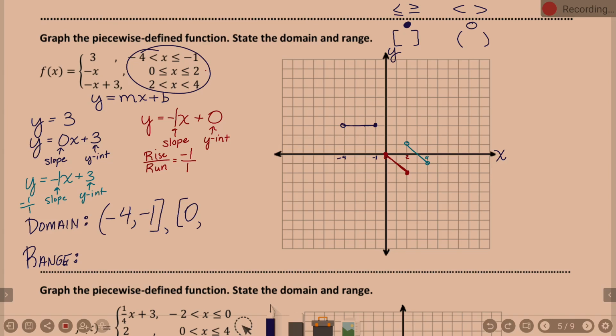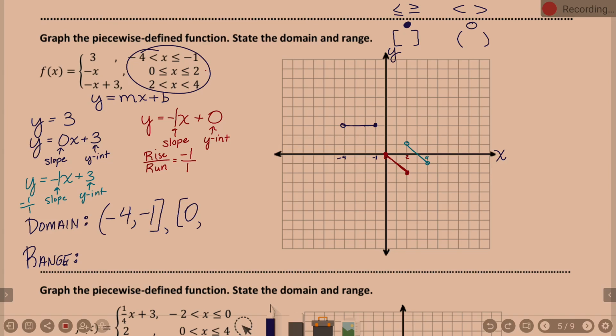Now let's see what happens. We're following this red line. It exists, it exists. It stops at 2, but what else happens at 2? The next one starts. My light blue line starts, doesn't it? If neither dot was included, we'd have a break. But here, this dot is included. Even though this dot isn't, the number 2 is included.